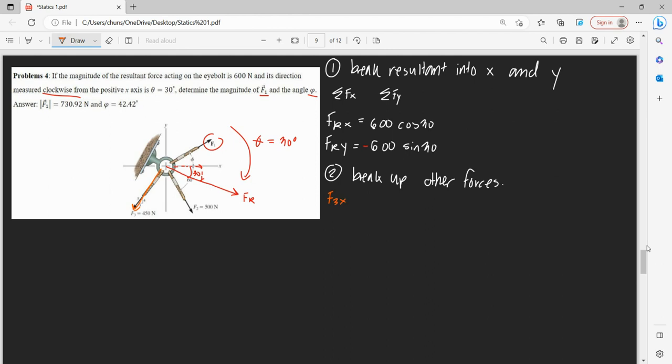So then that's F3x equals 450 newtons times 3/5, and that is in our negative x direction. And our downward force, our y component, means that we have a negative y component as well. It's negative 450 times 4/5, just using the little triangle ratio that's given to us there.